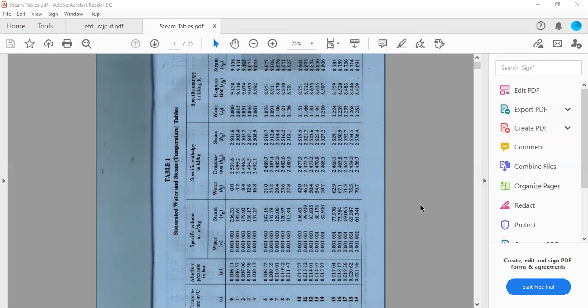For superheated steam, let us see the 10th page.